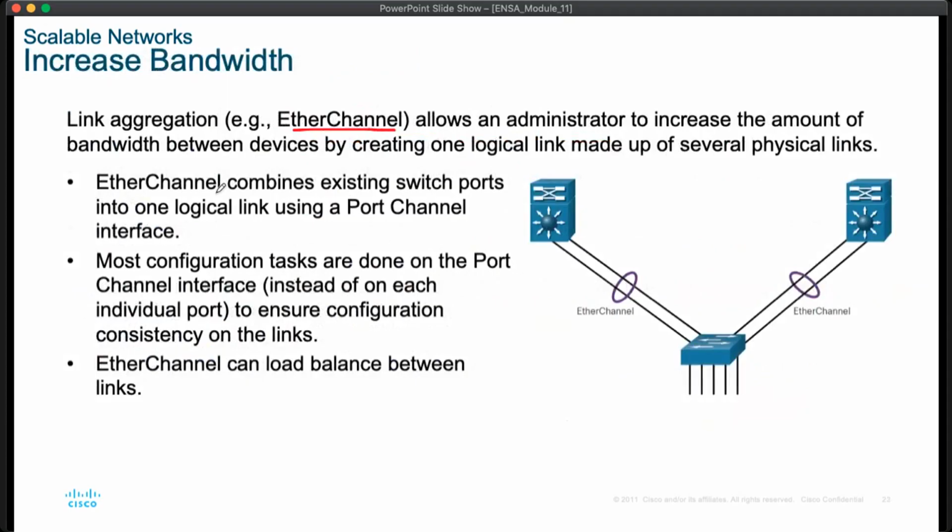EtherChannel combines existing switch ports into one logical link using a port channel interface. Most configuration tasks are done on the port channel interface instead of each individual port to ensure configuration consistency on the link. EtherChannel can load balance between links.